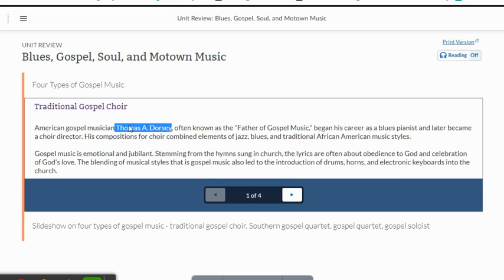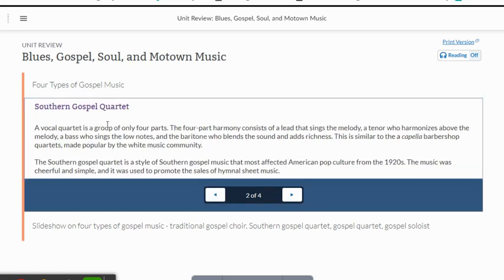But knowing that we have traditional gospel choirs, Southern Gospel Quartet, where they would have 4 gospel parts. And we talked just a little bit about traditional Southern gospel, but it's something to know that is different from really the Black gospel movement that was happening at the time. You can read about that.